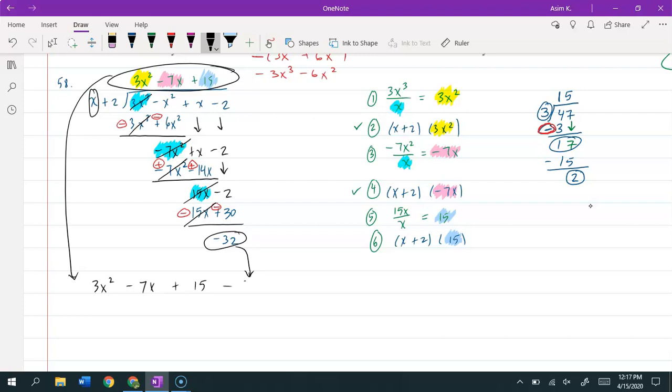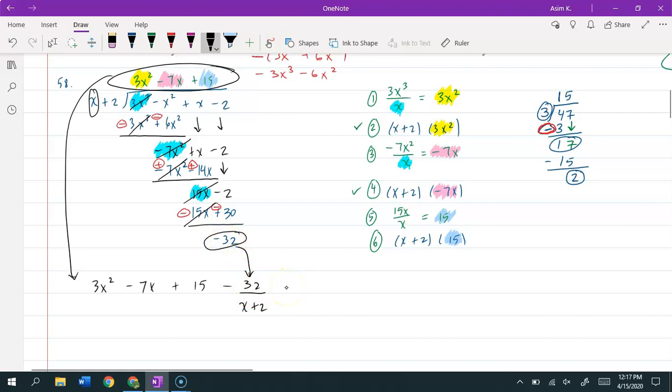So we'll make that a minus 32, and you have to divide it by x plus 2. Now, where exactly did we get x plus 2 from? The x plus 2 was the thing that you were using to divide by in the first place. So basically what we're implying is we can't make x plus 2 go evenly into 32, so we're just going to write it that way.